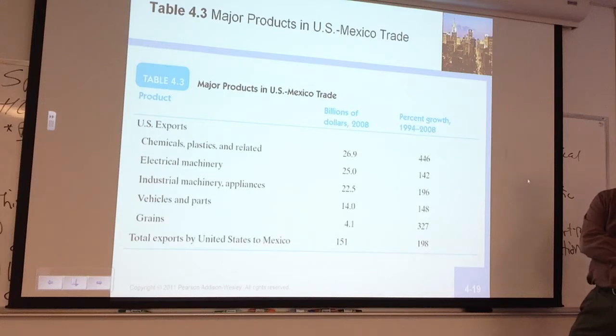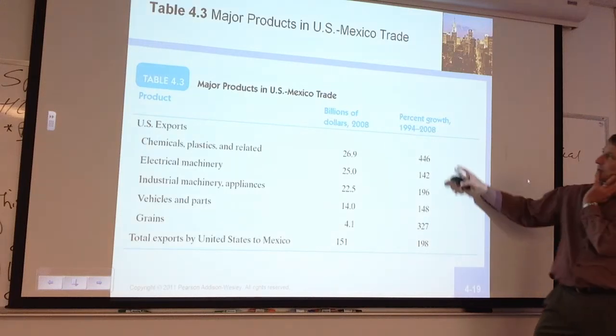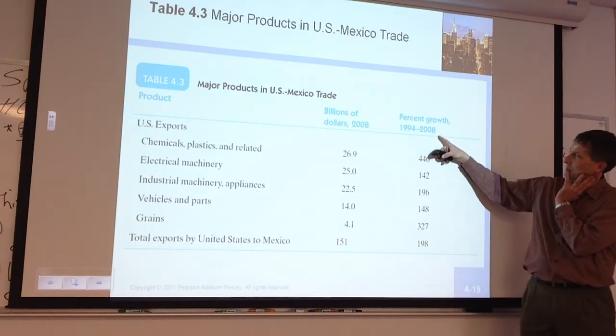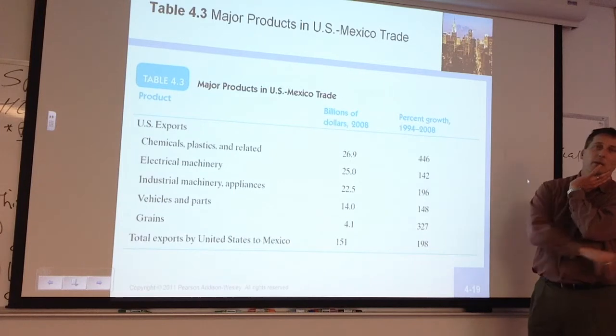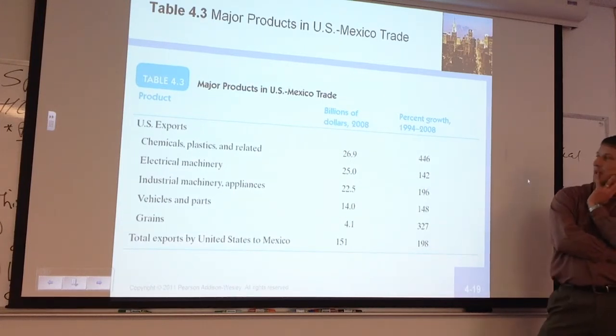And then we've got the growth factors here. So 1994 to 2008, a pretty long run. Chemicals and plastics went up 446%. Is that an emerging export or a declining export? Big time emerging, right? And what do you think about chemicals, plastic?